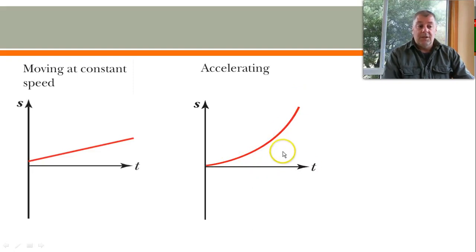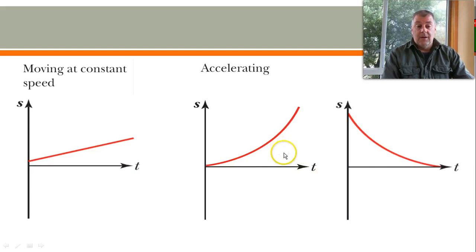And so this object is accelerating, which sort of gives away what this one might be doing. Here the object is coming back towards the origin, but it starts off coming back fairly quickly, and then it's slowing down. So there it is, decelerating. So this is accelerating, this is decelerating. Now remember, this is a displacement time graph.